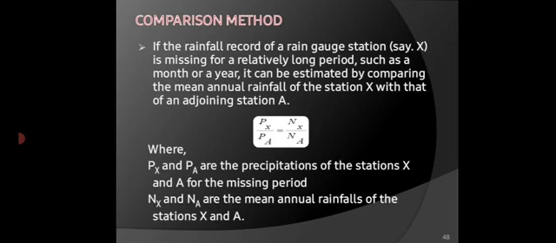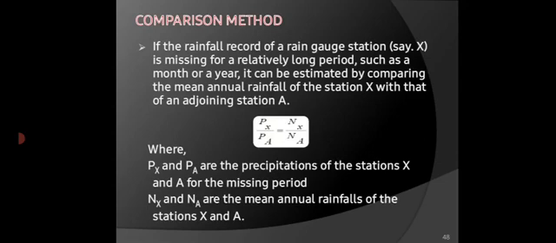Next is comparison. What do we have to do? Comparison of what? Rainfall and the mean annual rainfall. If the rainfall record of a rain gauge station, say X, is missing, right, it can be estimated by comparing the mean annual rainfall of the station with that of an adjoining station. So we have to collect the nearby station rainfall data and mean annual rainfall.